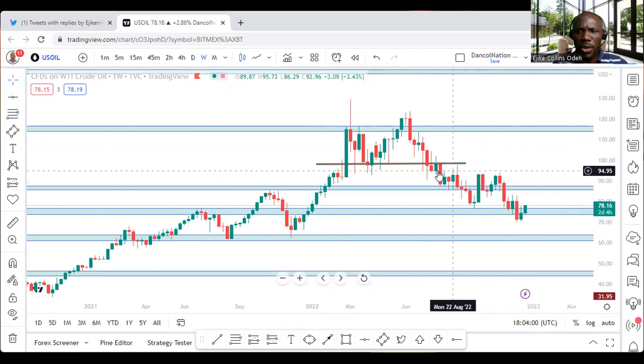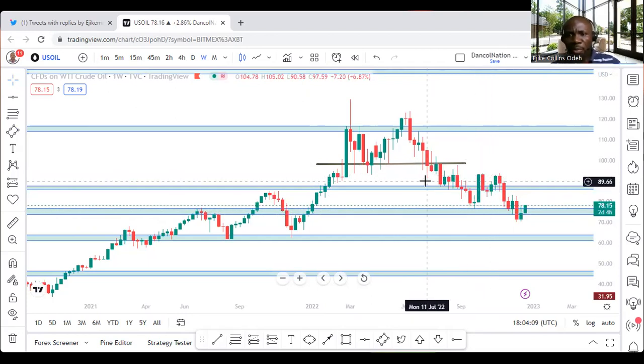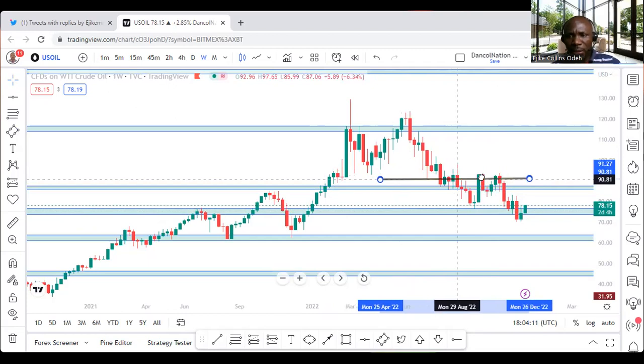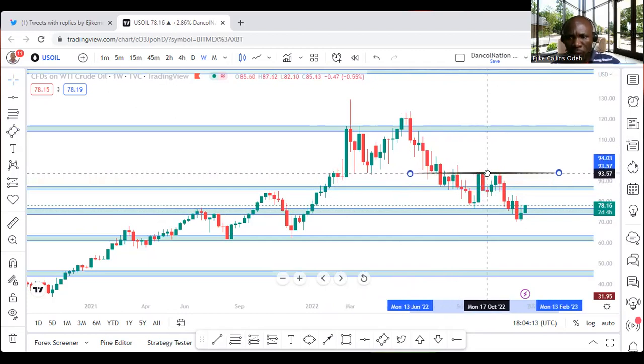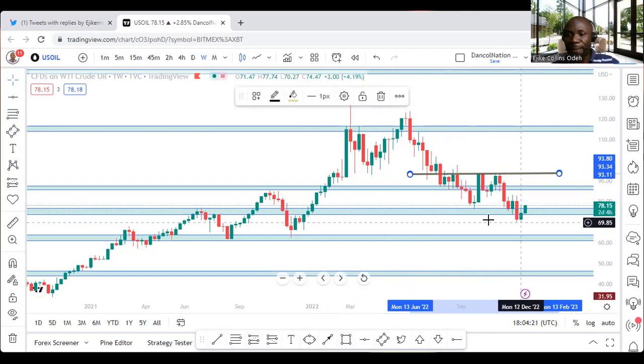When it got here, it retraced and had a small pullback. Now look, don't you think that as the market was about to go up, it had another double top? This is the double top that also brought it back.